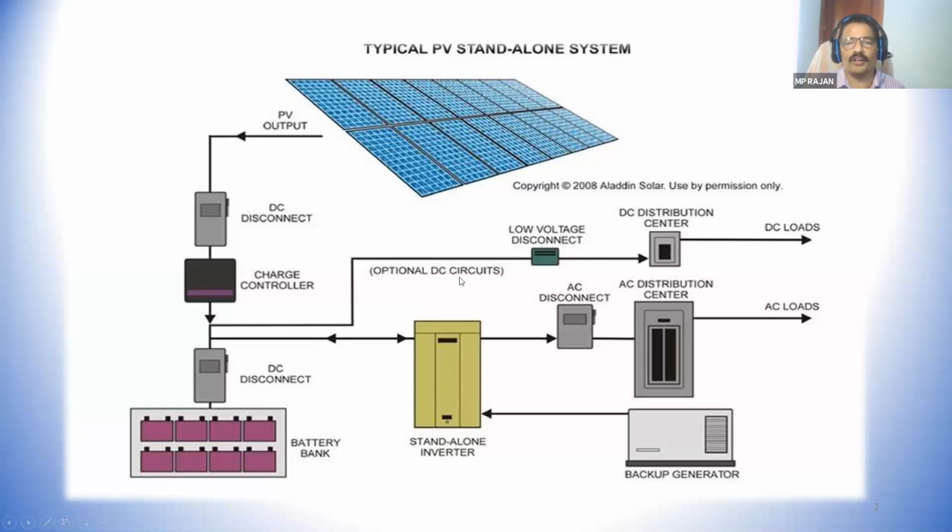All together we are calling it a solar PV system. So many items, components, parts are there in the system, right from the sunlight being converted into electrical energy, to getting the electrical energy into the load. So you can see so many components.